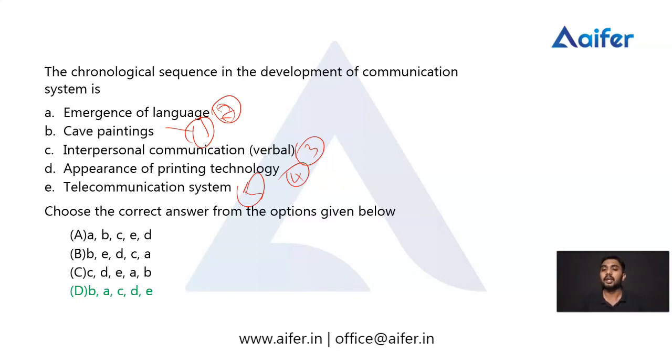When we talk about the history of communication, or the emergence of communication system, we know that first there were cave paintings. The people exchanged their ideas or information with other persons through cave paintings.